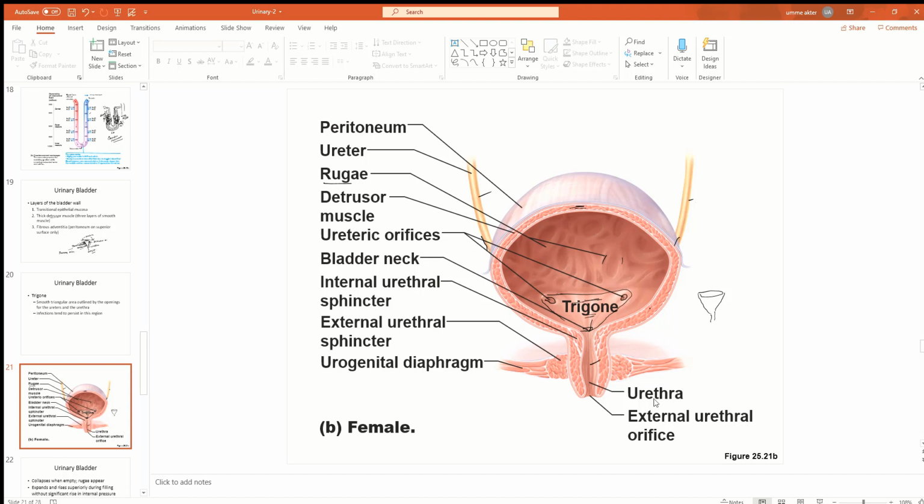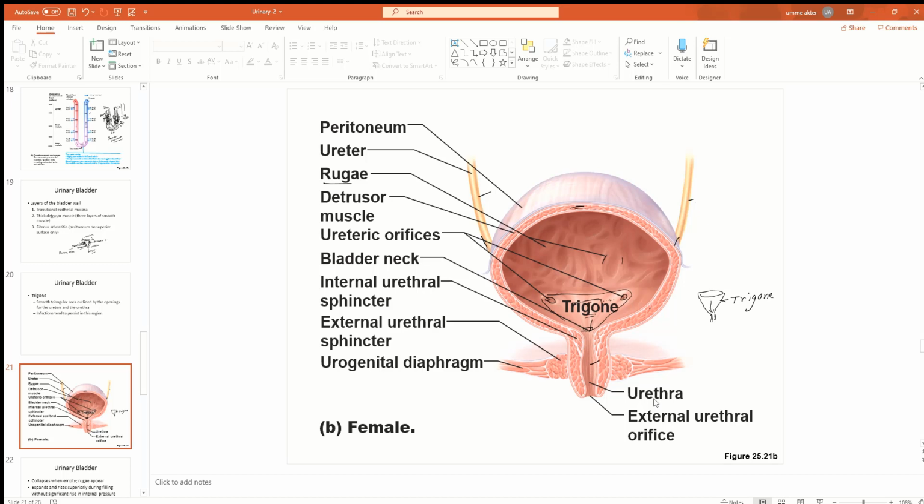So it acts like a funnel and helps to pour the urine into the urethra, which is a narrow tube. Okay, and that smooth surface in this part helps, right? Otherwise some urine will stay there and accumulate, and that should not happen. So that is called the trigone, that triangular or funnel-shaped area.